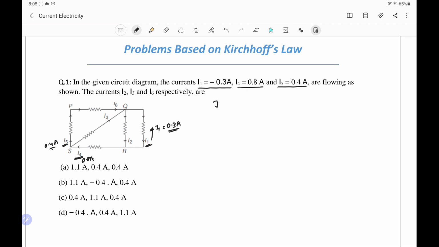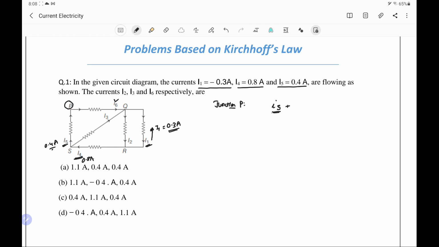Taking a junction P. At the junction, incoming current should equal the outgoing current. At P, incoming current is I5 and outgoing current is I6.